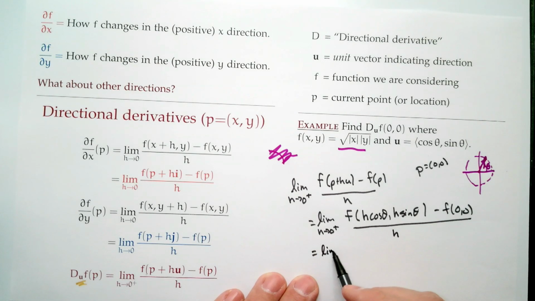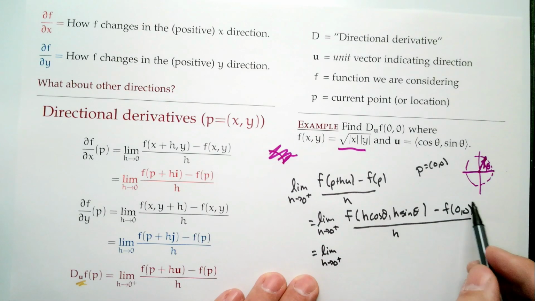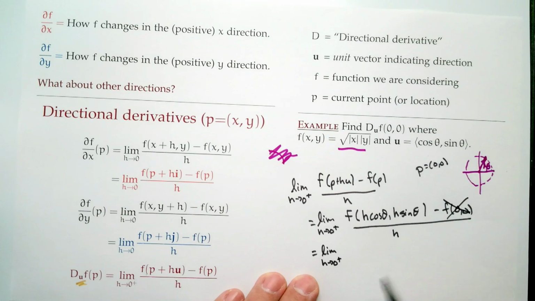So, good news, we can evaluate now. So f of 0, 0 is going to go away. That's 0, because square root of 0 times 0 is 0. Then we have the square root of h cosine theta, h sine theta, all over h.